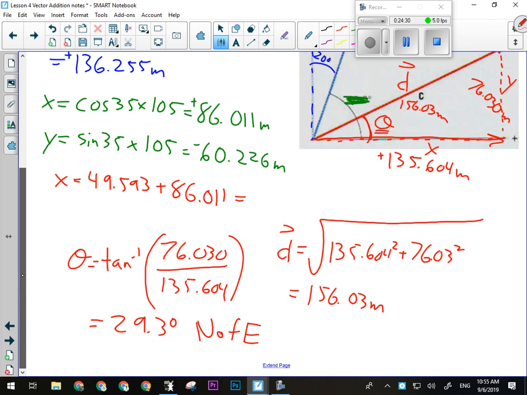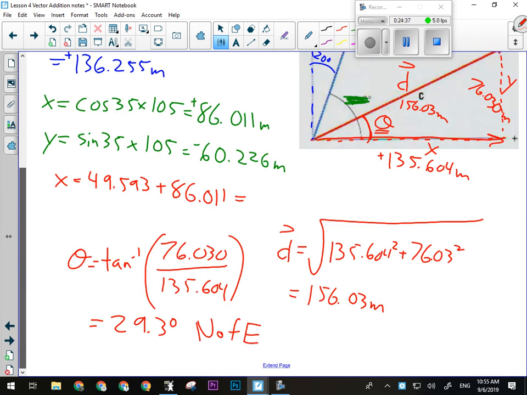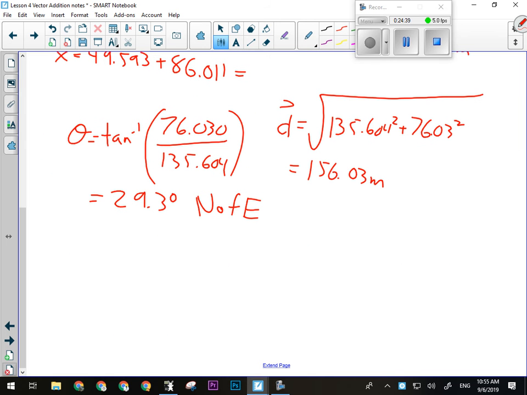So then my final answer will have how many significant digits? 3. So my final answer will be 156 meters at 29.3 degrees north of east, or at 69.7 degrees east of north, if they drew it the other way.